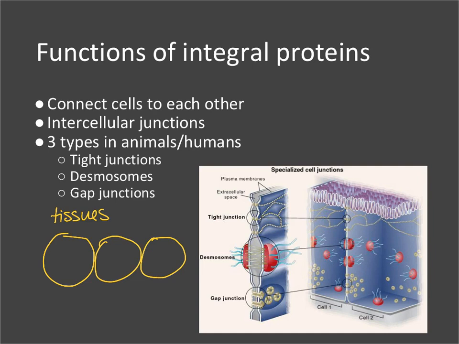And in order to do so, they have to be connected to each other. Sometimes those connections are just involved in holding them together. Other times it allows the cells to communicate with each other. So we're going to talk about these different types of intercellular junctions on the next couple slides.